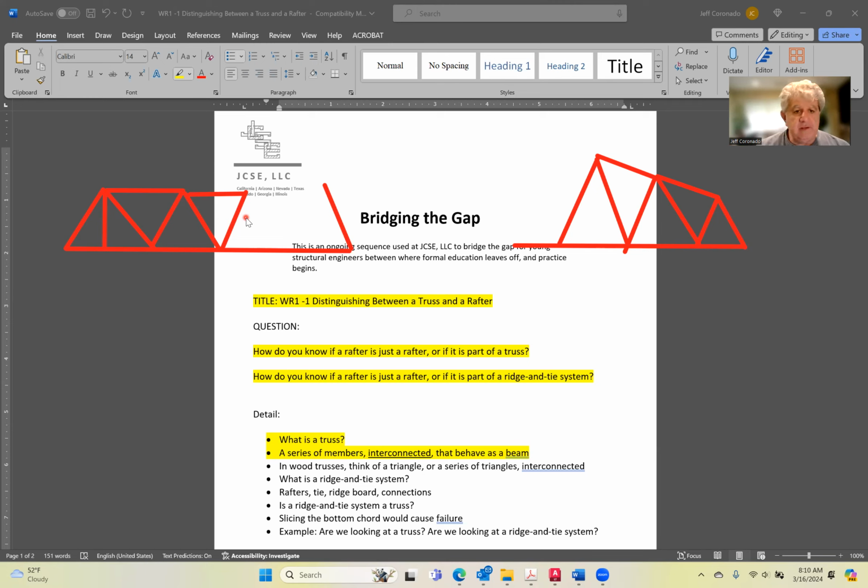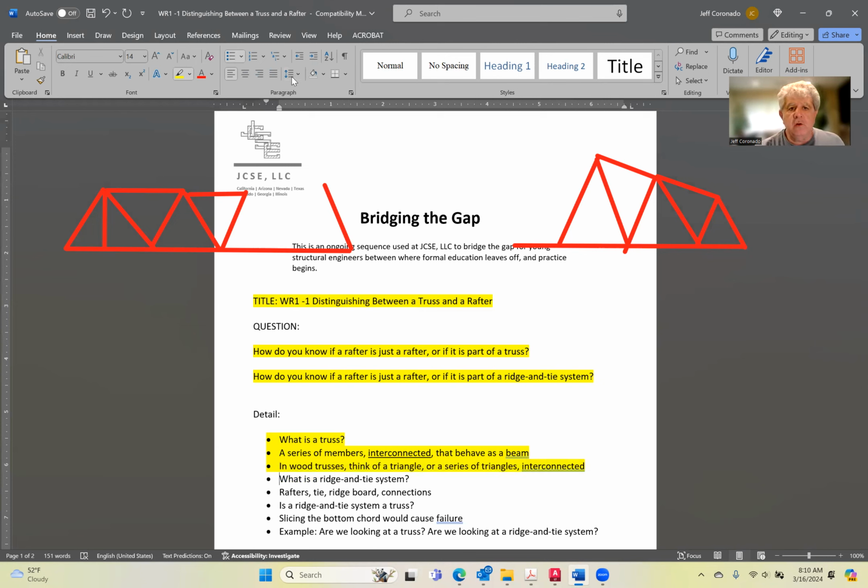But for wood purposes, invariably trusses that are made of wood are going to be really a series of triangles. So that's what we have to keep in mind for trusses that are framed of wood. It's a triangle or a series of triangles that are interconnected.